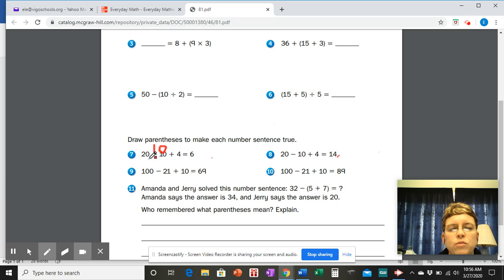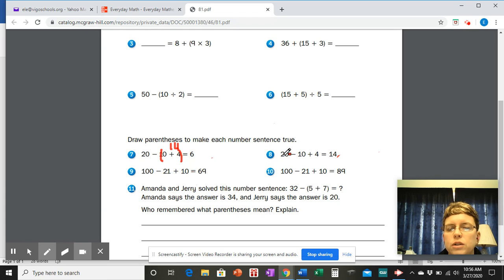So we can't have the parentheses around the beginning. So when we're adding parentheses, we have to do a little bit of trial and error. So now I'm going to do the parentheses around the 10 plus 4 first. So 10 plus 4 gives me 14. And 20 minus 14 would give me 6. So that would be correct on that one.